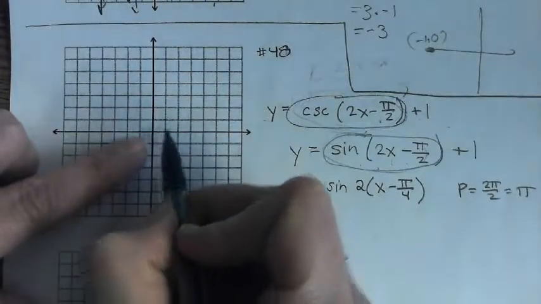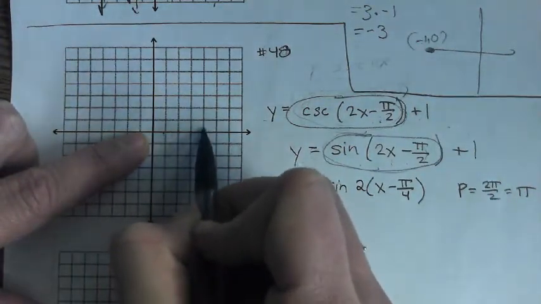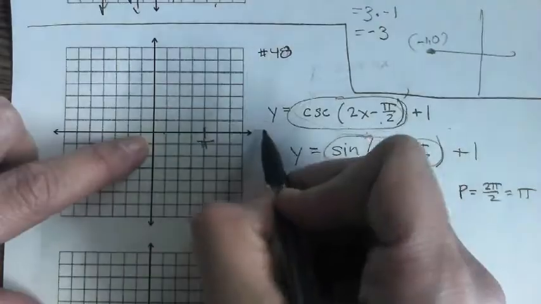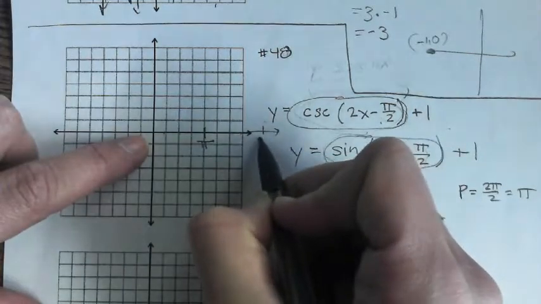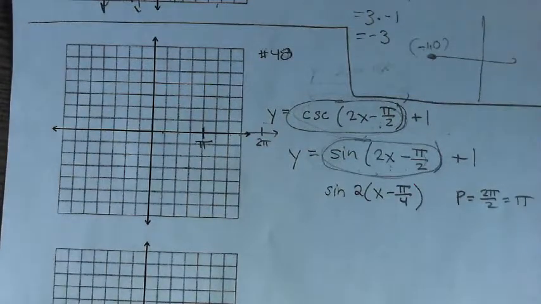Okay? So I'm going to count by pi's over 4. 1 pi over 4, 2 pi over 4, 3 pi over 4, 4 pi over 4. 5, 6, 7, 8 pi over 4. We'll be slightly off the graph. I really wish I didn't have those y-axes right down the middle, but that's okay.